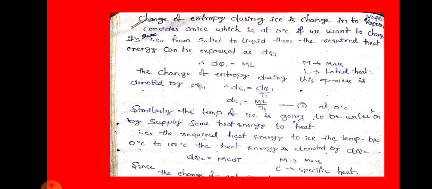Similarly, the temperature of ice is raised to water by supplying some heat energy. The required heat energy to heat between 0 and 100 degrees centigrade is denoted by dQ2, that is dQ2 is equal to mc dT, where m is the mass and c is the specific heat.